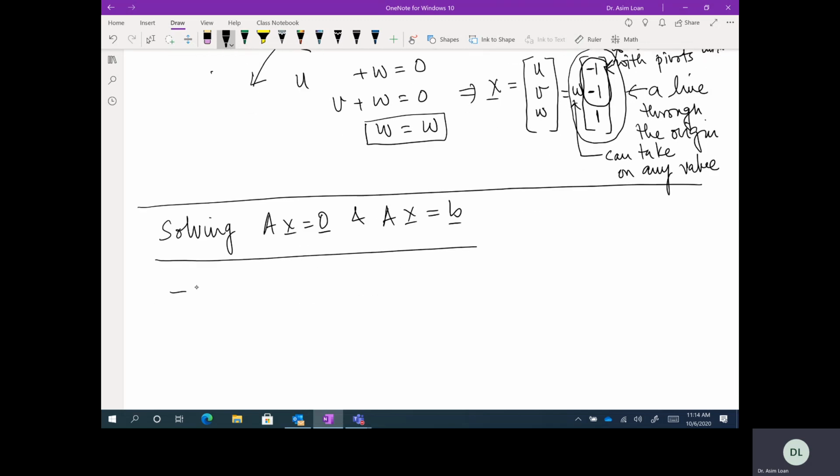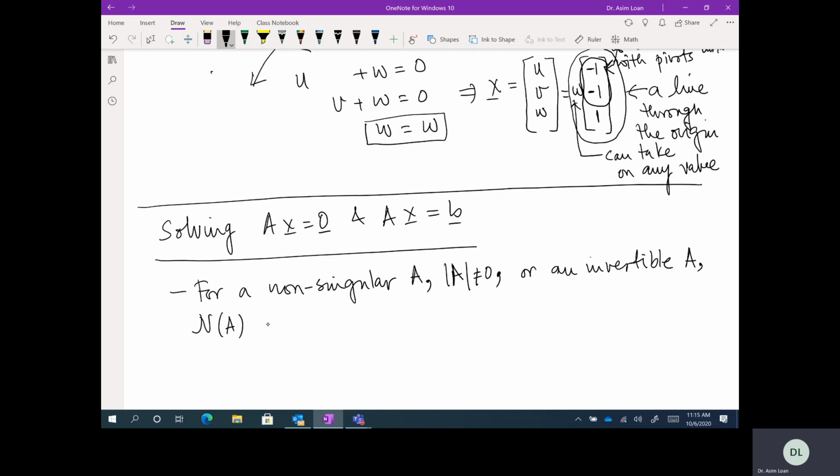For a non-singular matrix A, which simply means you have a square matrix, otherwise it doesn't make sense, meaning the determinant of A is not equal to 0, or an invertible A, the null space of A contains only 0, and the column space of A is the entire space.